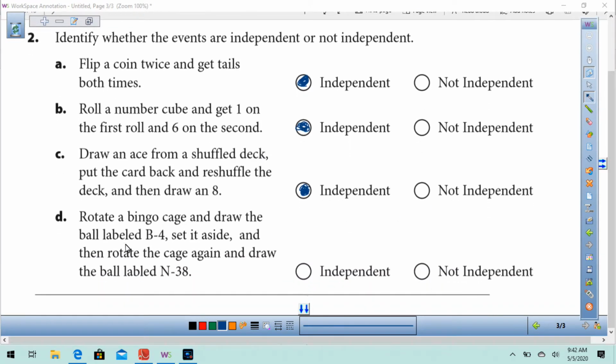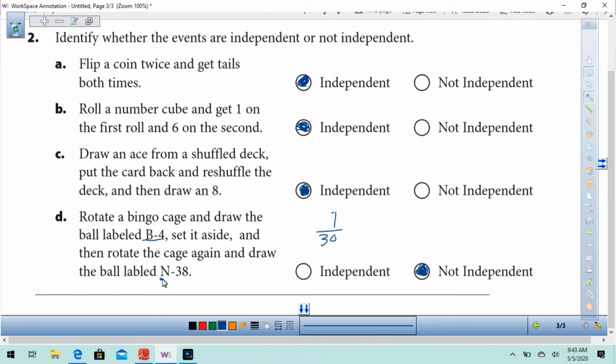Rotate a bingo cage and draw the ball labeled B4. Set it aside, and then rotate the cage again and draw the ball labeled N38. Okay, these are not independent, because we'll say there were 30 balls, and there's one N38.